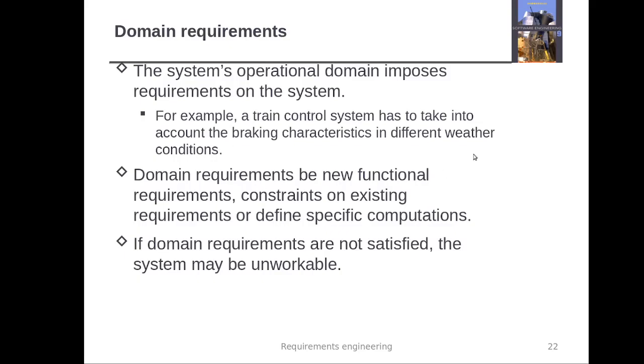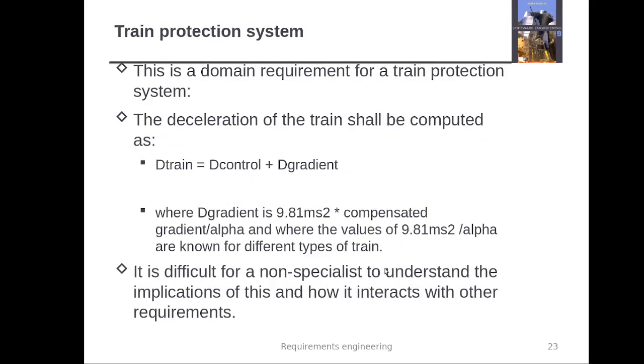So domain requirements can be new functional requirements, constraints on existing requirements, or define specific computations. If domain requirements are not specified, the system may be unworkable. So see the train example. Okay, it is a train protection system.